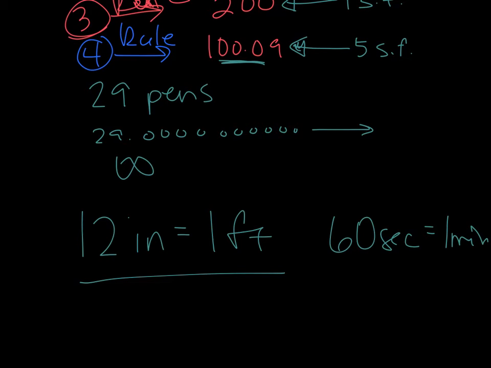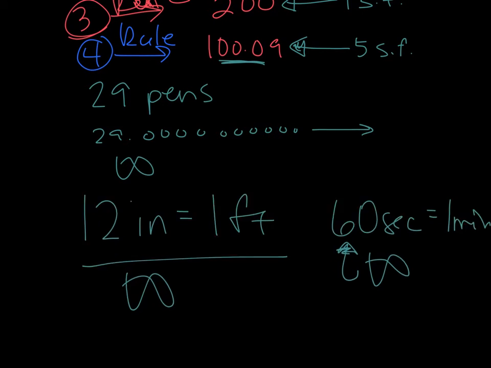It's not rounded. So it's 60.000000 forever and ever and ever. And so if I needed to know how many significant figures were in 12 inches is equal to 1 foot, there would be an infinite number, and there would be an infinite number in this number 2. Okay? All right, so let's do a few more examples.